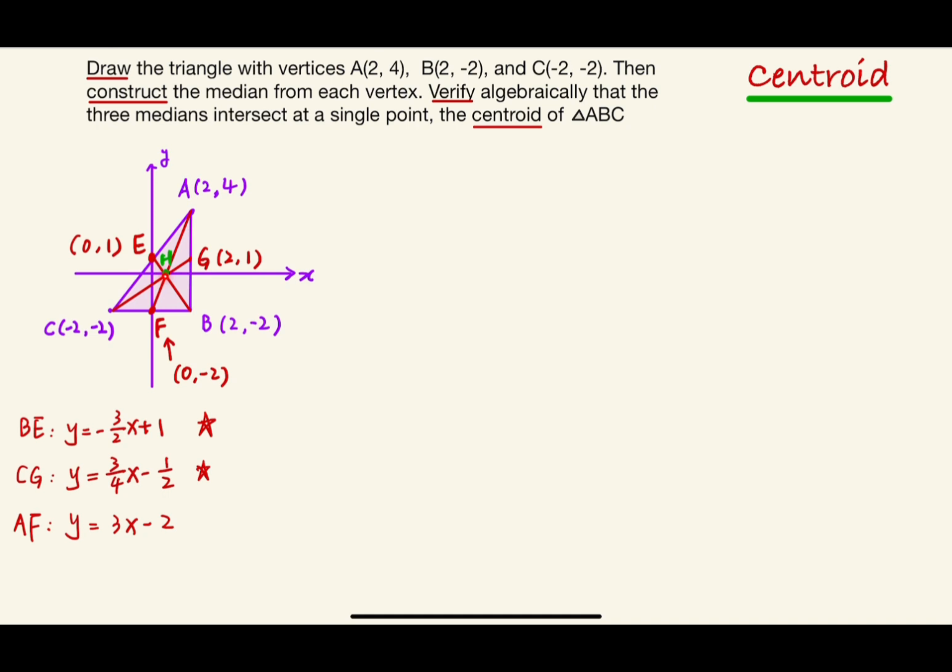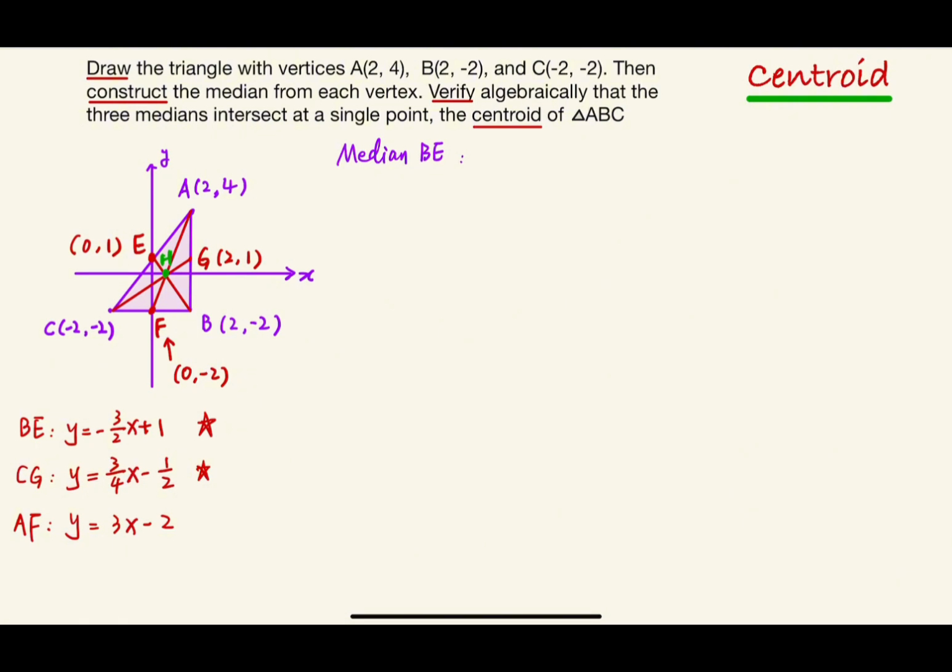We can figure out the common point by constructing a linear system with this line segment equation and this line segment equation. So we need to figure out the equation for median BE.